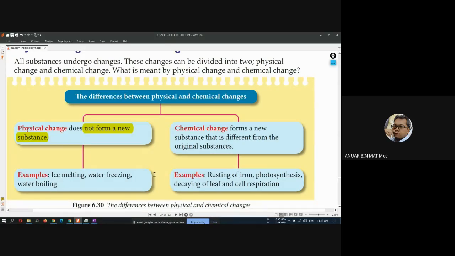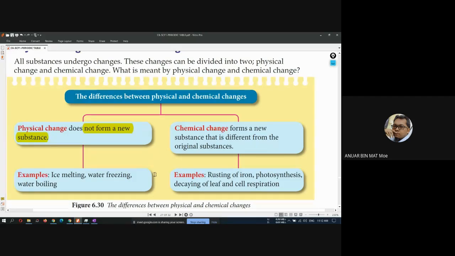And then, if you already mixed the water with the sugar, can you separate the sugar and water back again? Can or cannot? Can, yes, very good. After we mix the sugar with water, we are able to separate it again.